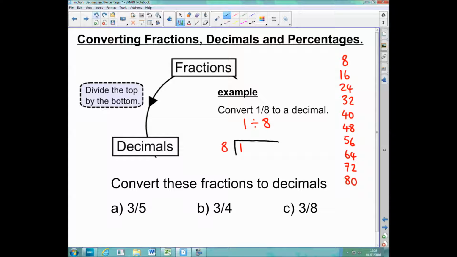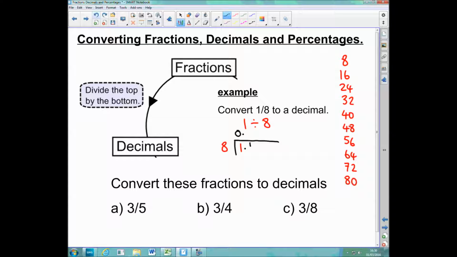So now that I've written out the 8 times table, I'm ready to attempt the divide. So first off, I'm going to say, how many 8s go into 1? And hopefully you realize that I can't make any groups of 8 from just one thing. So I'm going to end up with a 0 on the top, go into the decimals, and I've got 1 left over.